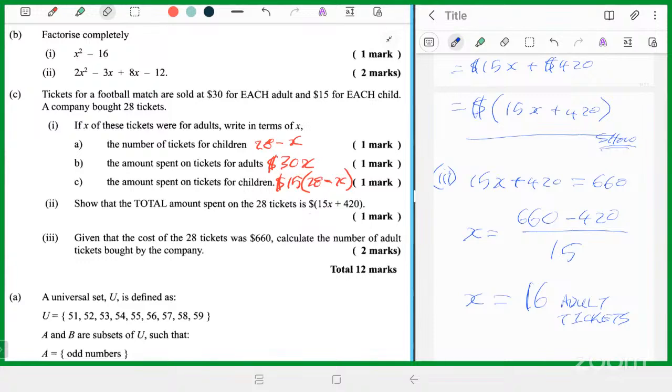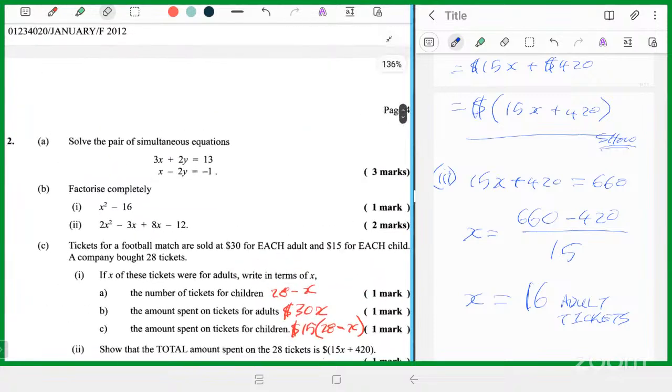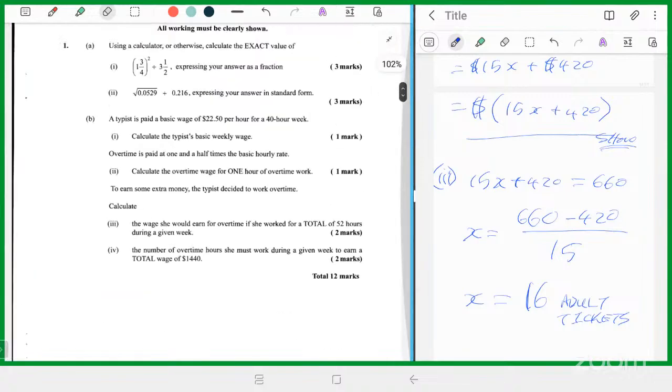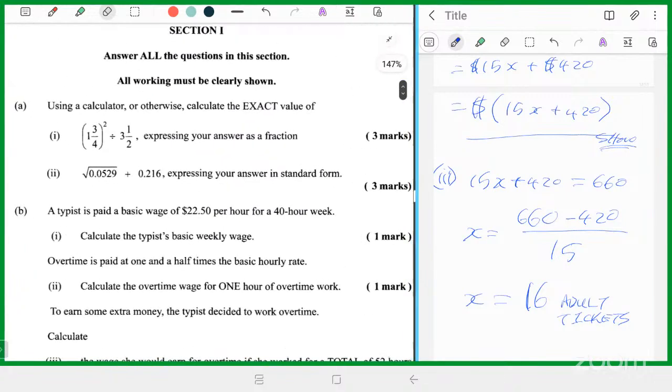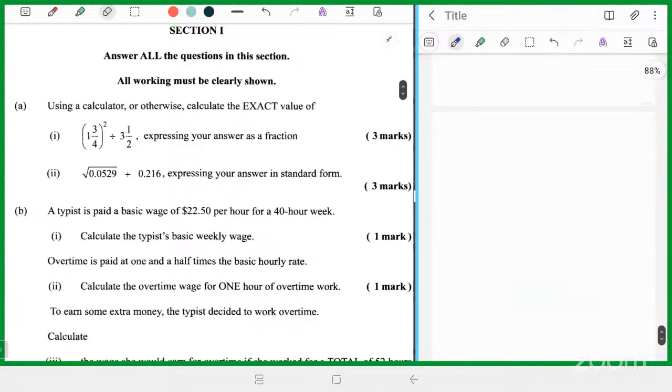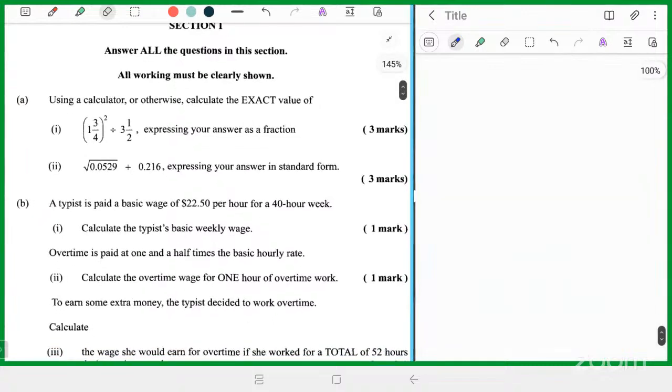One last question. Number 1, part A says, using a calculator or otherwise, find the exact value of this. Let me just get the calculator done.